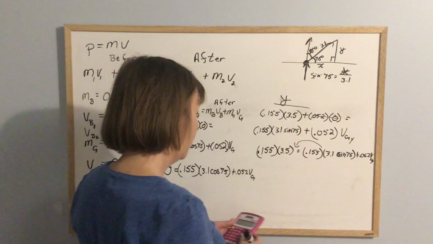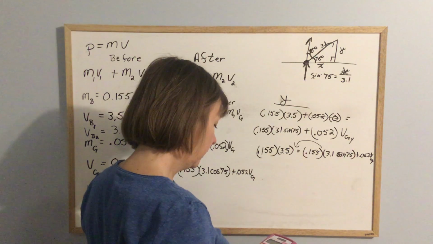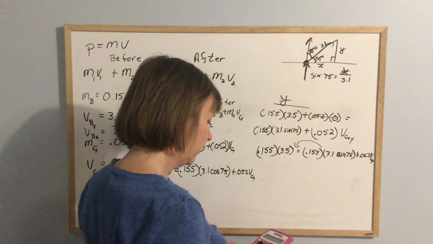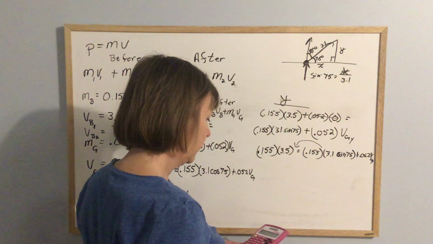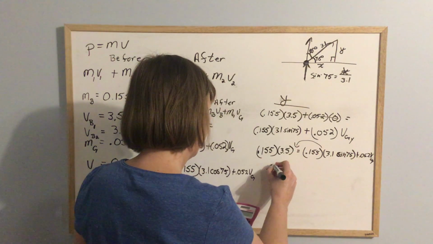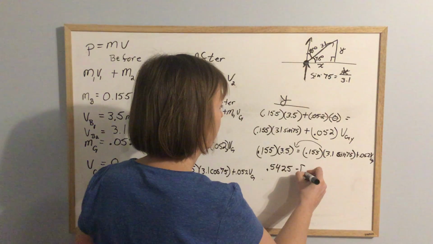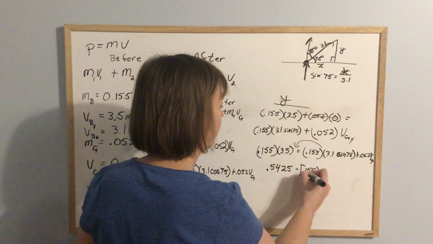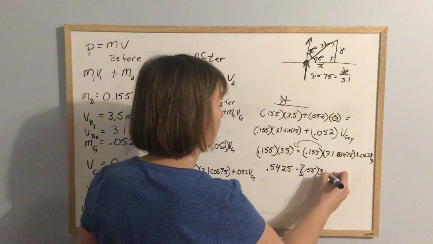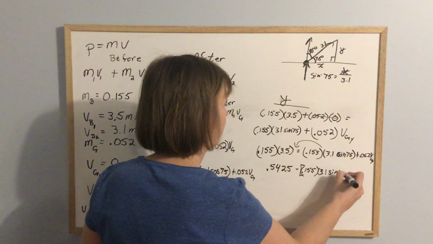So 0.155 times 3.5 is actually 0.5425, and I would subtract 0.155 times 3.1 times sine of 75, right?